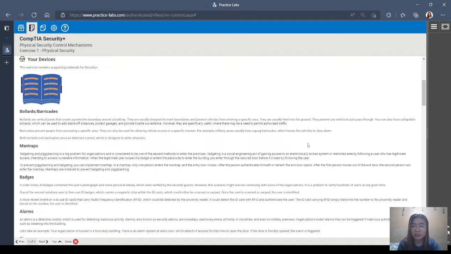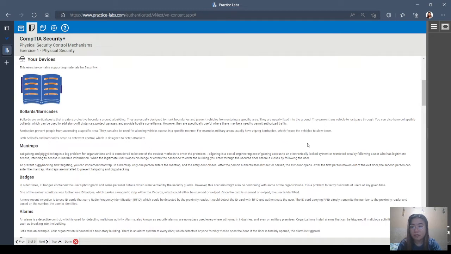Tailgating is a social engineering act of gaining access to an electronically locked system or restricted area by following a user who has legitimate access, intending to access vulnerable information. When the legitimate user swipes his badge or enters the passcode to enter the building, you enter through the secure door before it closes, by following the user.